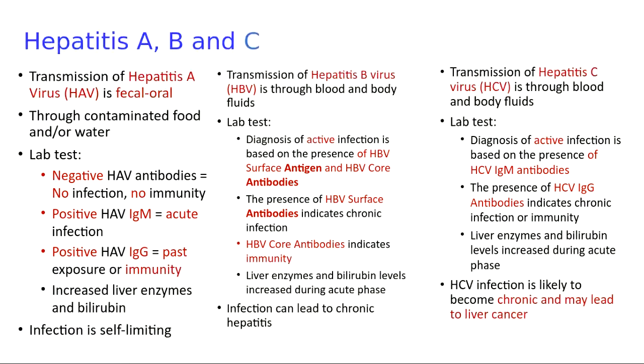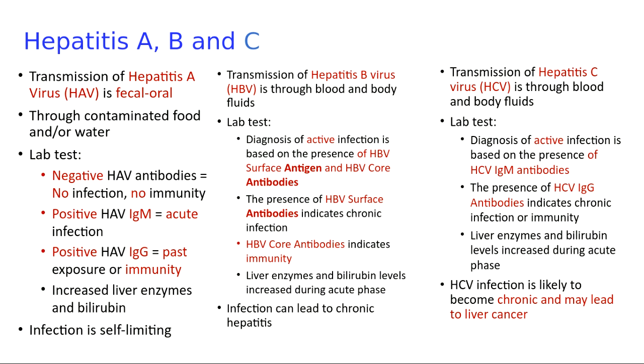If we find anti-hepatitis A IgG antibodies, that means that the patient was exposed to it before, past exposure or immunity. Hepatitis A is usually self-limiting: you just get diarrhea, flu-like symptoms, maybe jaundice, some bleeding of the skin. Depending, it can range from a mild to a severe case.